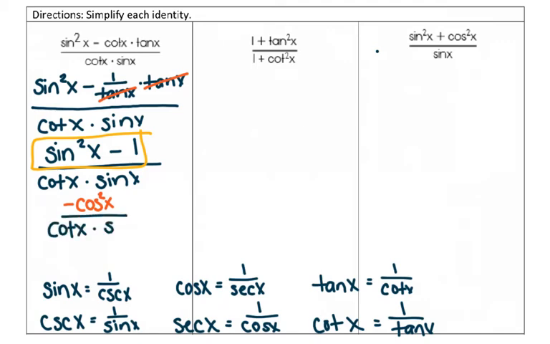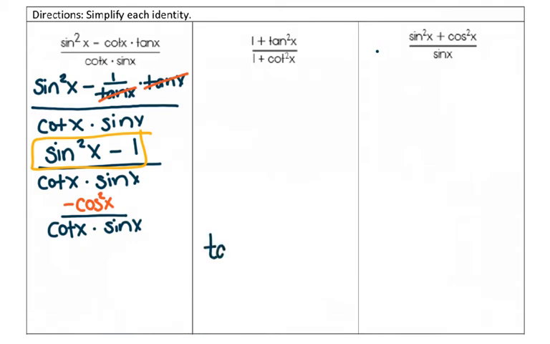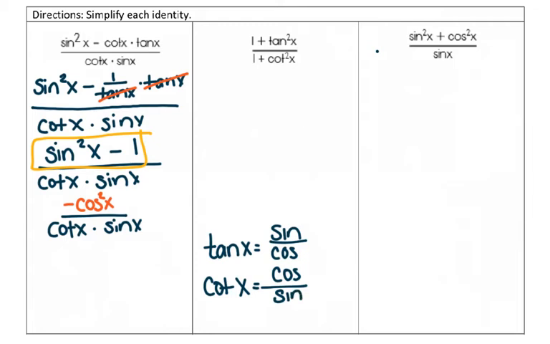Alright. So now I'm going to use the fact that cotangent is the same thing as 1 over tangent. For instance, I know that tan of x is equal to sine over cosine. And I also know, because cotangent is just tangent flipped over, that cotangent is the same thing as cosine over sine.